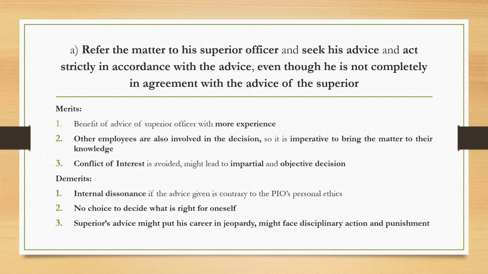When he gives the decision making power to his superior, he is not left with any choice to decide what he feels is right in this particular situation. And finally, the advice given by his superior can affect the PIO adversely. He might get punishment or he might face some disciplinary action.